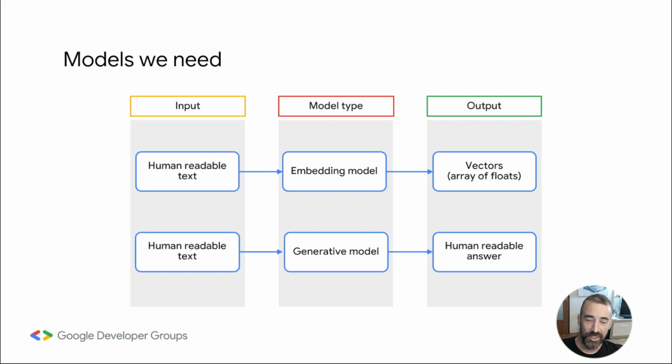So what does this do? I will explain this in more depth later, but essentially it takes human readable text and assigns it numerical values. What we will see are arrays of floats, or essentially vectors. And we need those vectors to do the search.